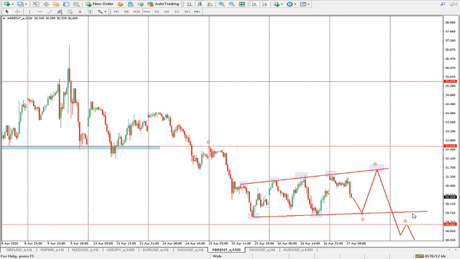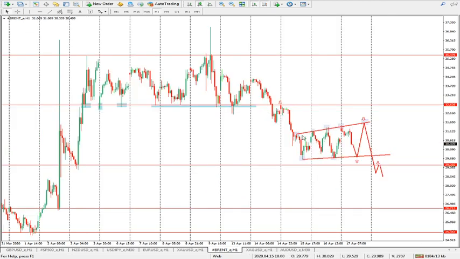So this is what may happen. And the same thing applies to the higher time frame. We are looking at just the same chart from a lesser time frame. Now we are back to 1 hour. This is what could be happening. So if you sell below the trend line, the lower trend line, expect price to proceed most probably up to 26.715.